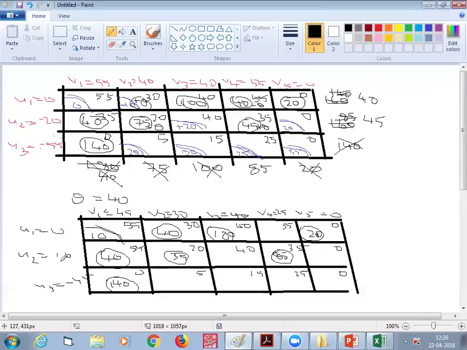Now, when we want U2, we have to go to this cell here. So U2 plus V2 equals 20, and since V2 equals 30, 20 minus 30 is minus 10. I'm sorry, U2 equals minus 10. And V4 must be 35 minus minus 10, which is 45.